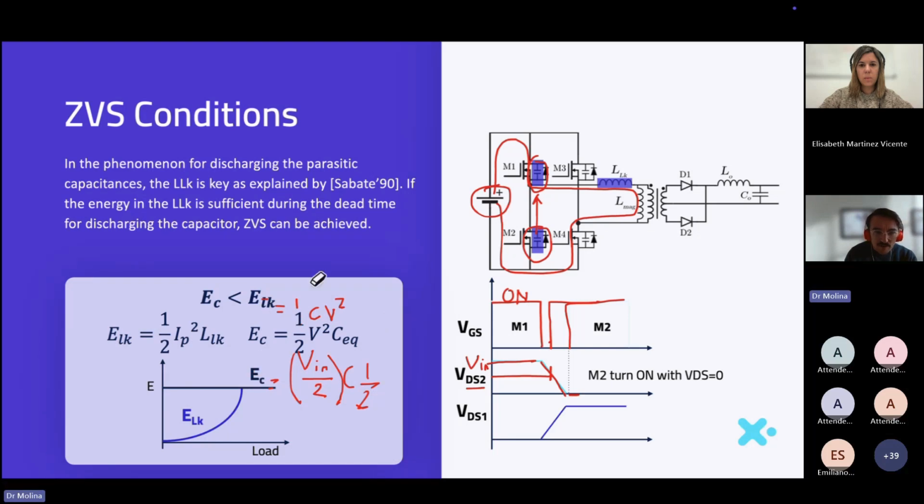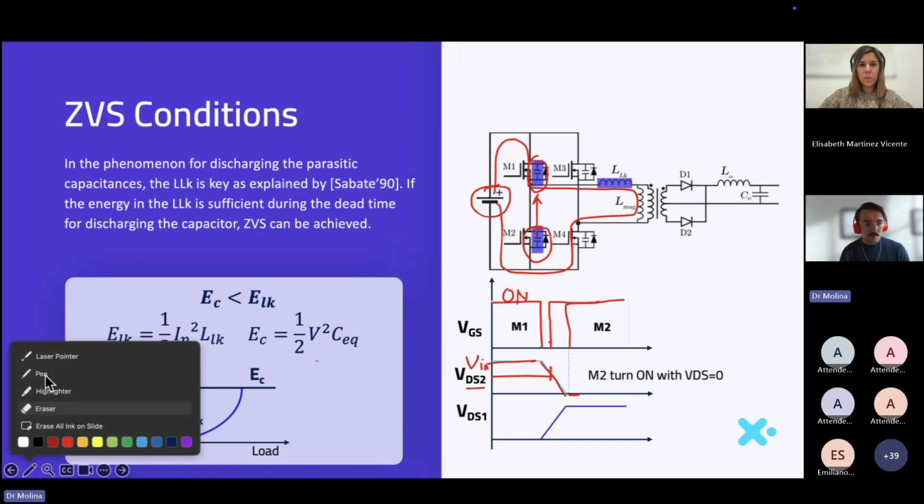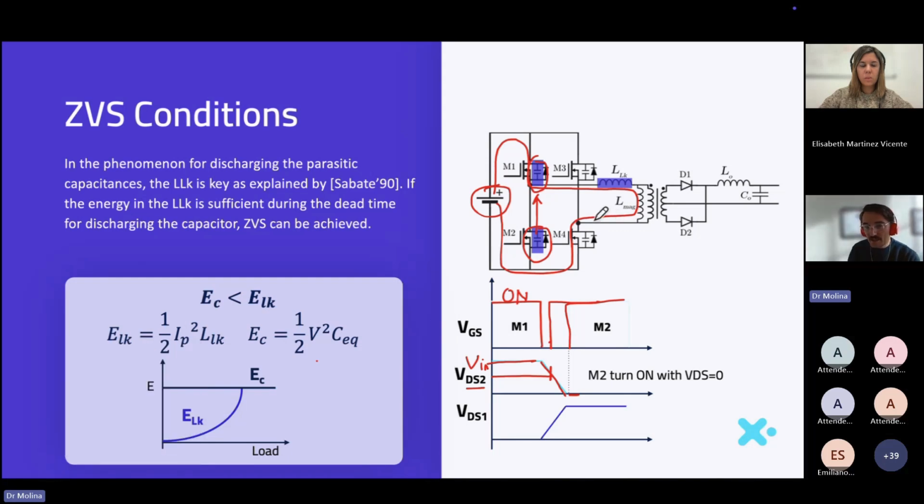So if we want to achieve zero voltage switching, there is a very important condition. You need to understand that what is happening here is just moving the energy from this capacitor to this capacitor. The way to move this energy is with the current flowing here.